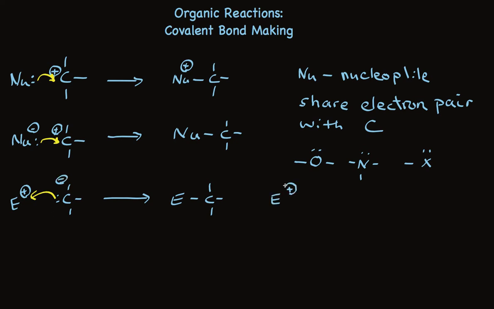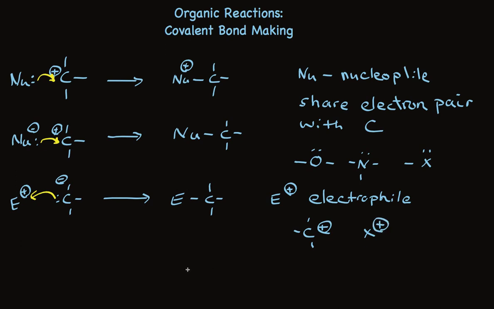Now if E+ were a proton, we'd call it an acid, but if it's not, we'll call it an electrophile, something that likes electrons. So we have nucleophiles that like the nucleus and electrophiles that like electrons, and their behavior is exactly the opposite. Common electrophiles would be carbon with a positive charge, halogen with a positive charge, or something similar to it, are examples.